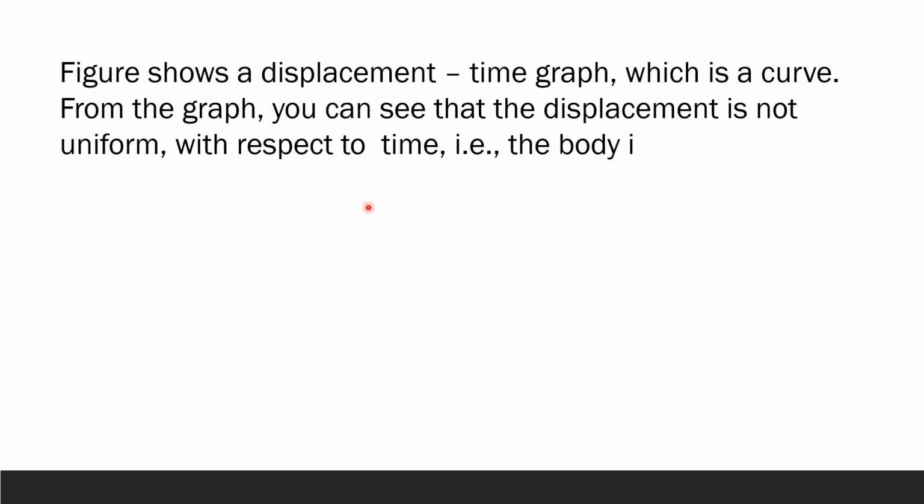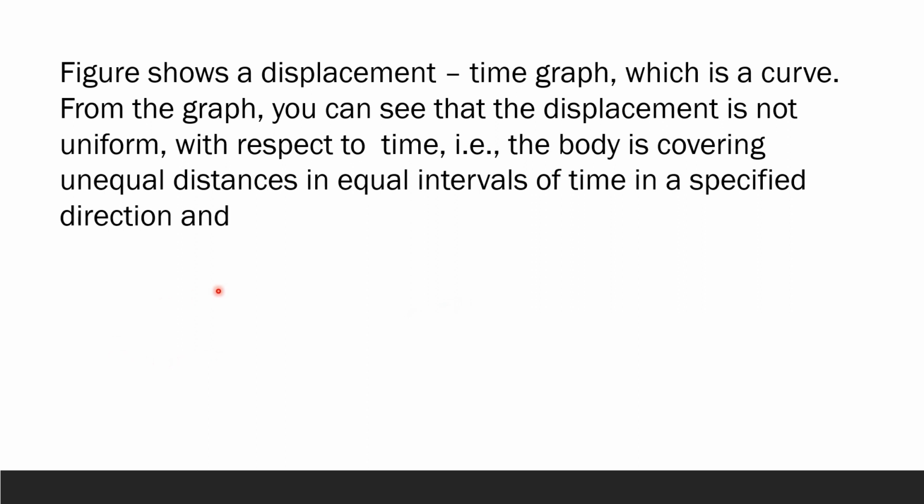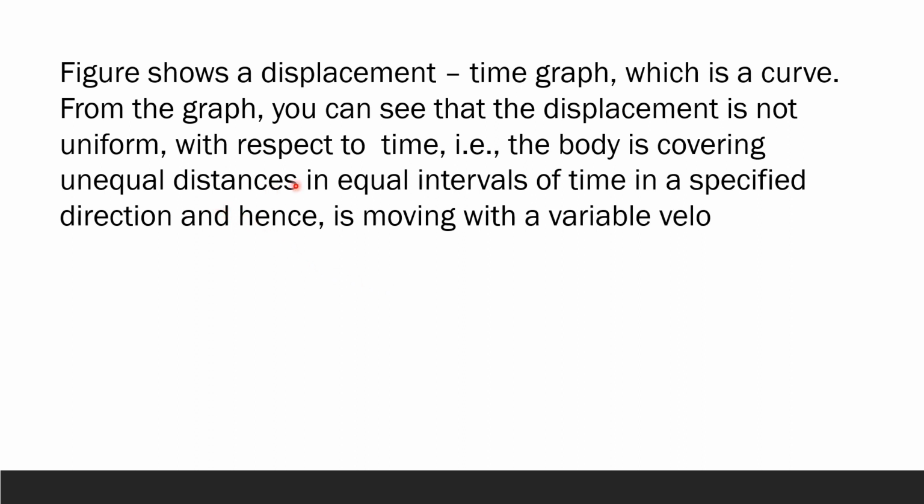So the body is covering unequal distances in equal intervals of time in a specified direction, and hence it is moving with a variable velocity, nothing but non-uniform velocity, nothing but unequal distances in equal intervals of time.